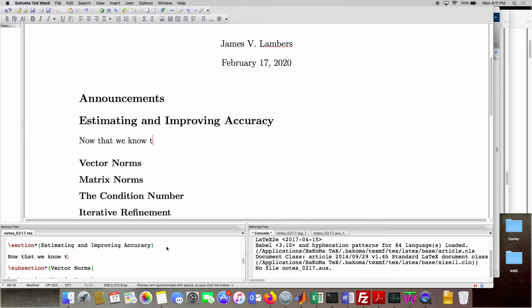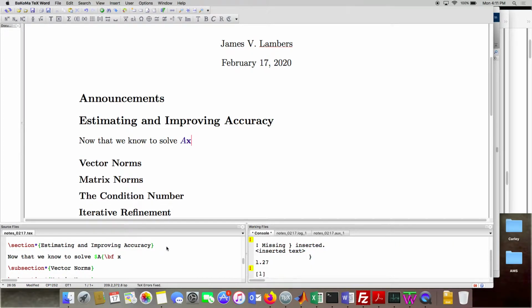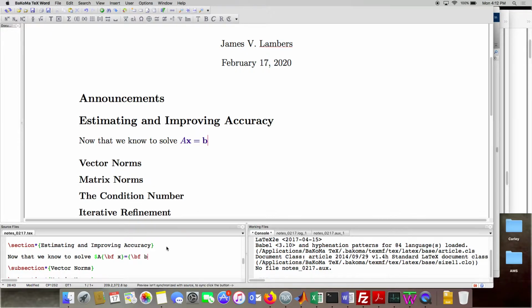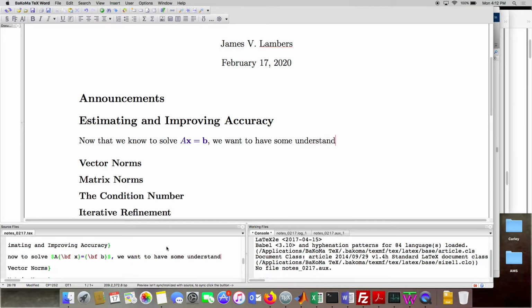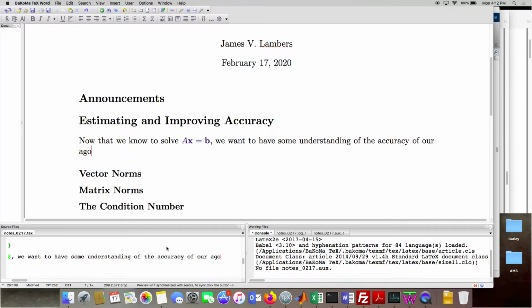Now we know how to solve AX equals B. We have various methods: Gauss elimination, Cholesky factorization, etc. I want to have some understanding of how accurate these algorithms are.